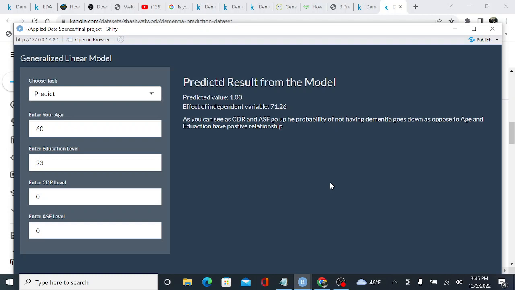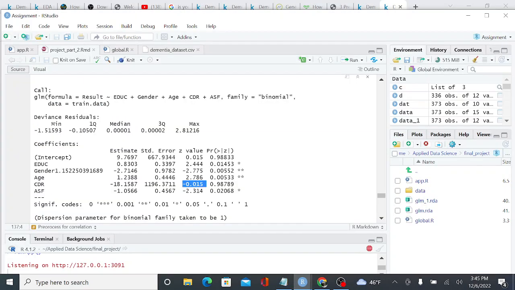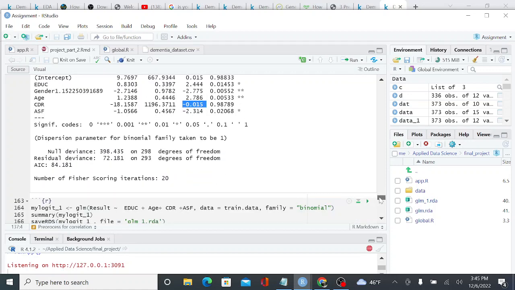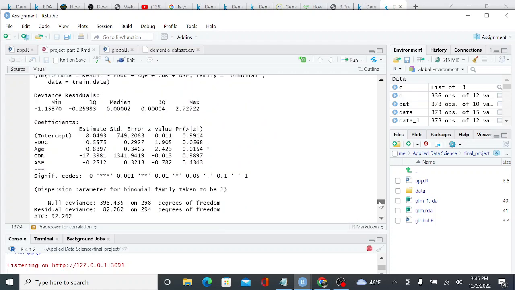You can see from my model summary that education and age, not gender, have a direct positive relationship on the outcome, and CDR and ASF have a negative relationship.